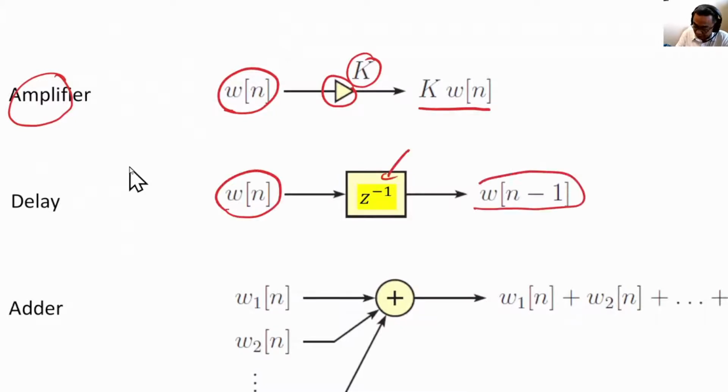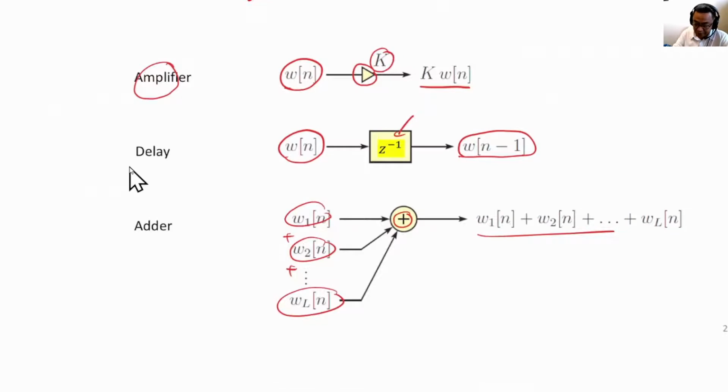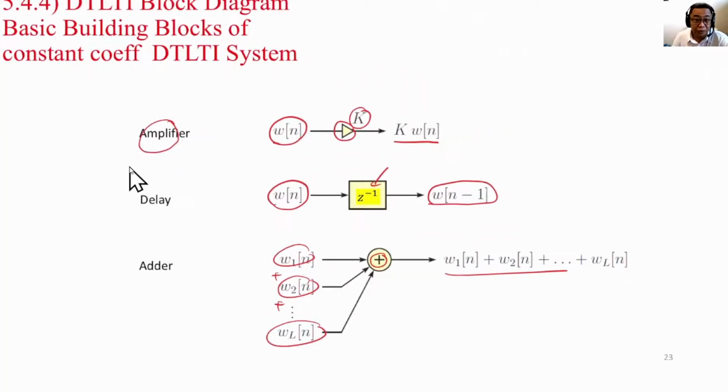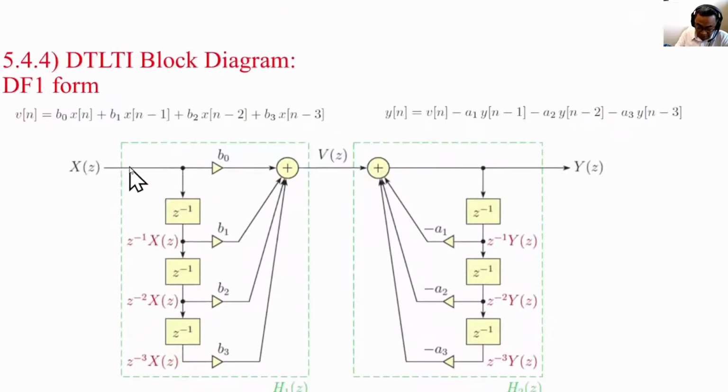If the input is W of n, the output through a delay is W of n minus 1. And finally, we have a summer. All these inputs are summed up, and this is the output. With these 3 block diagrams, we can realize any constant coefficient discrete-time filters. Let's see an example in the next slide.